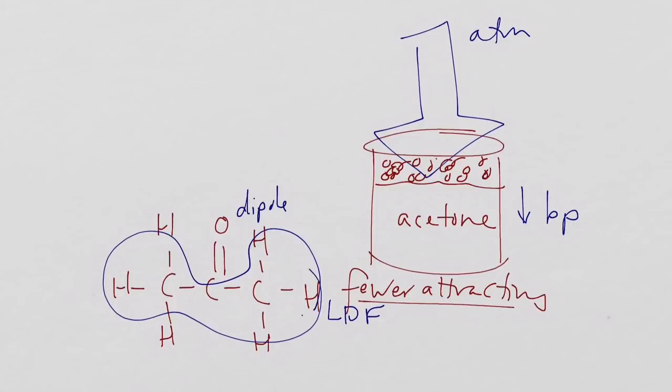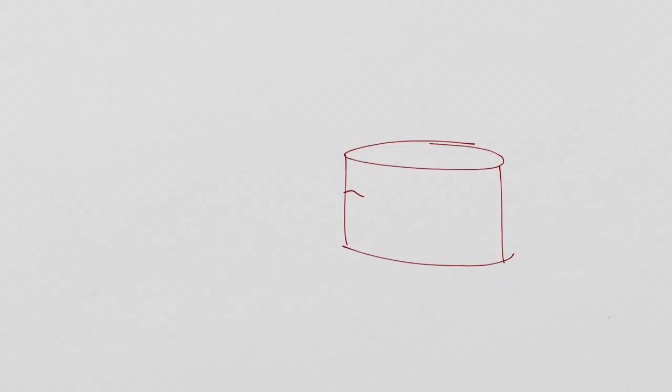Another way you can kind of fiddle with vapor pressure. Let's go back to water. We got water in here. Let's say we take this and we close the lid.